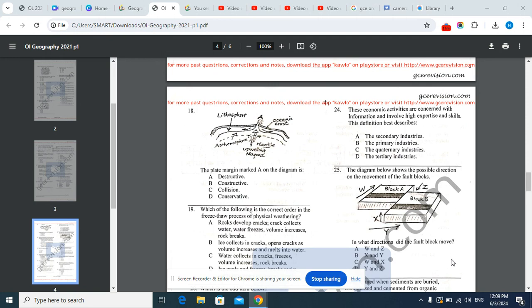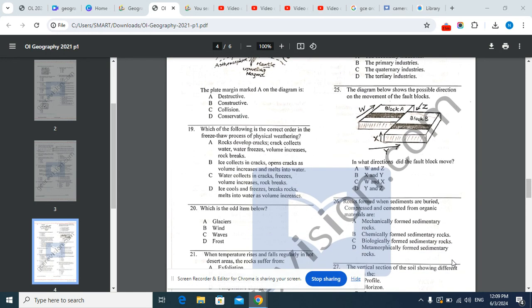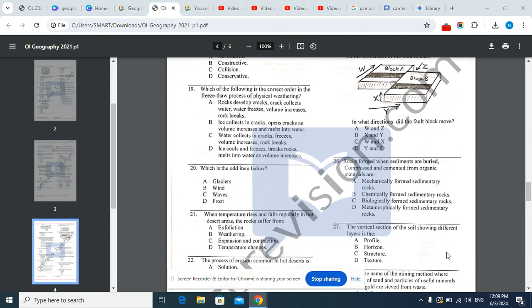Question 20. Which is the odd item below? The answer is D. Question 21.